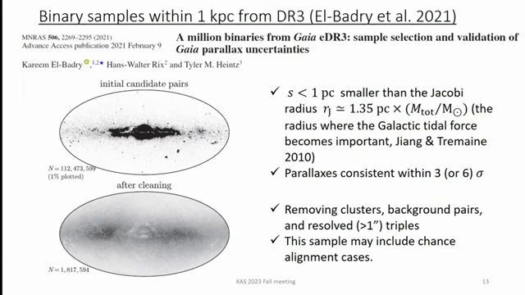It's 1.8 million candidates. But this sample may include chance alignments, which are not genuine binaries, just chance alignments. When they have chance alignments, they will have different radial velocities and so on.